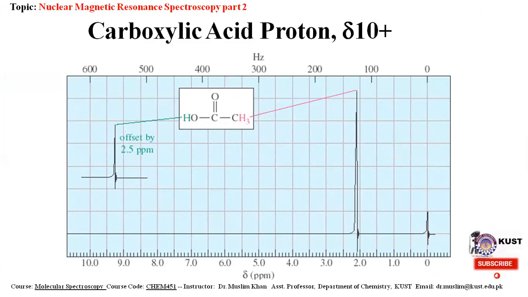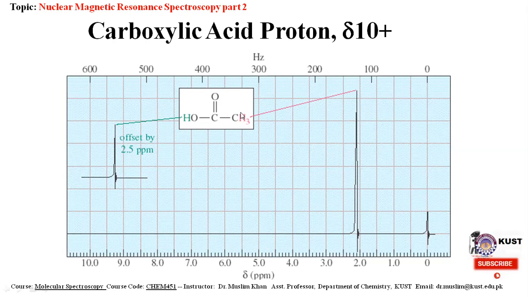So here is the example of carboxylic acid. In carboxylic acid, there are two types of proton you can see in this spectrum. One proton is the CH3 proton, connected to a carbon atom, and this is a carboxyl group. The other is the carboxylic acid proton.